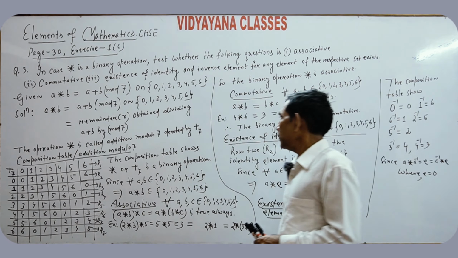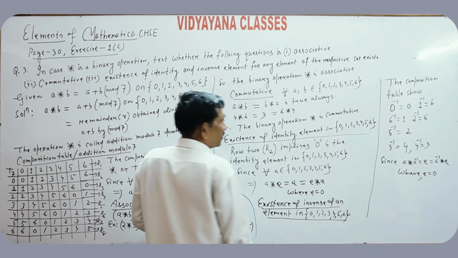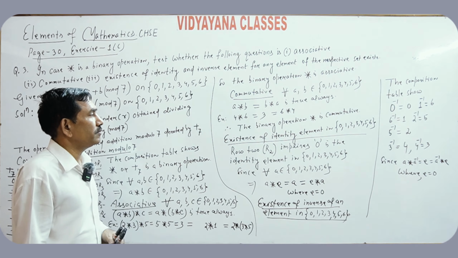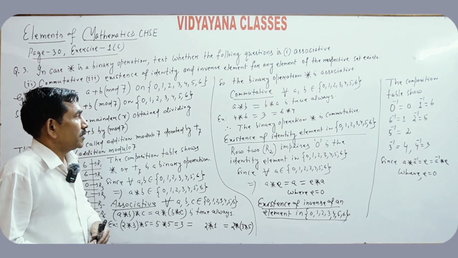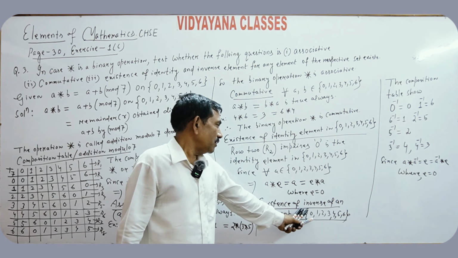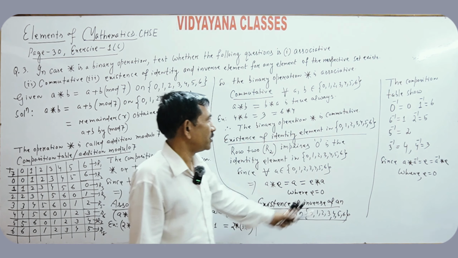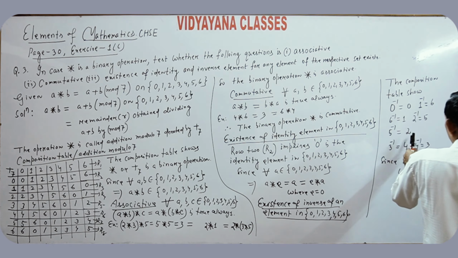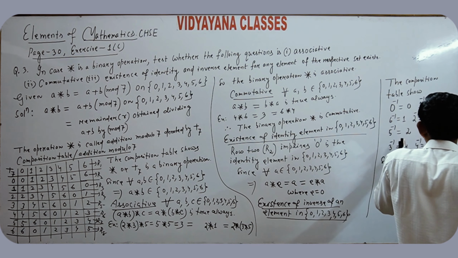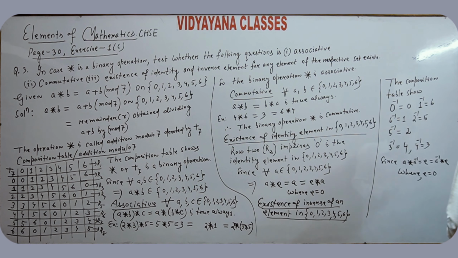Clear? Every element in this set has an inverse. Inverse of 0 is 0, inverse of 1 is equal to 6, inverse of 2 is equal to 5, inverse of 3 is 4, inverse of 4 is equal to 3, inverse of 5 is equal to 2, inverse of 6 is equal to 1.